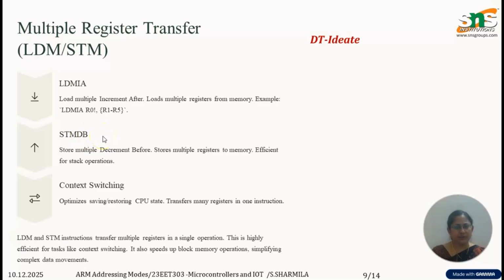It is typically used for stack operations. These instructions are very efficient for context switching, block transfers and saving register states during interrupts. They reduce the number of instructions required for bulk memory operations.